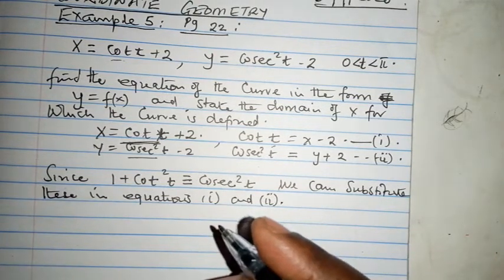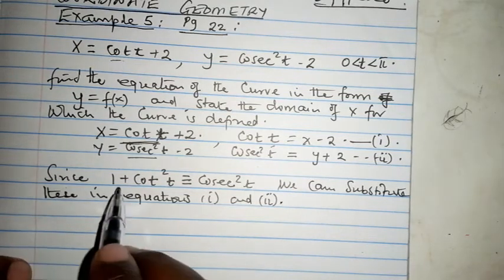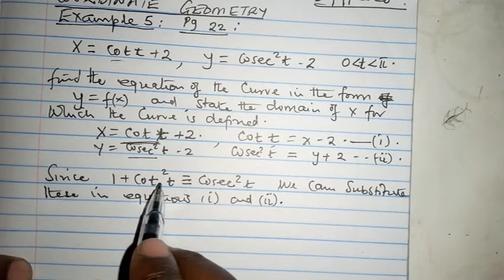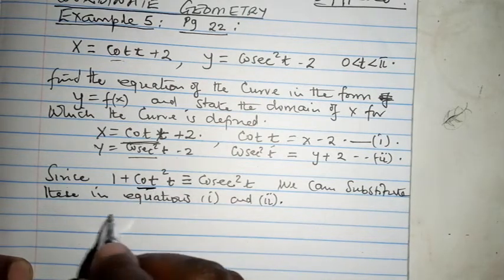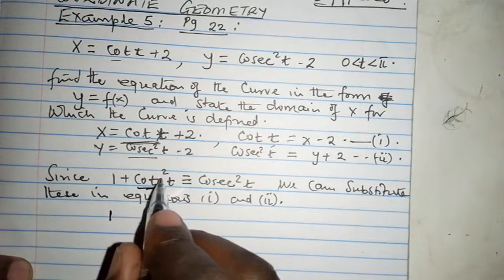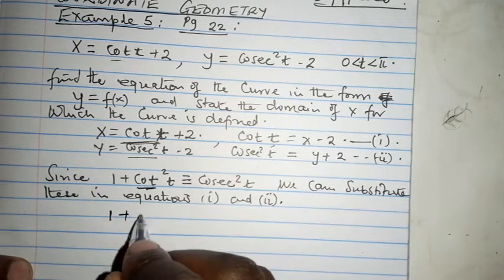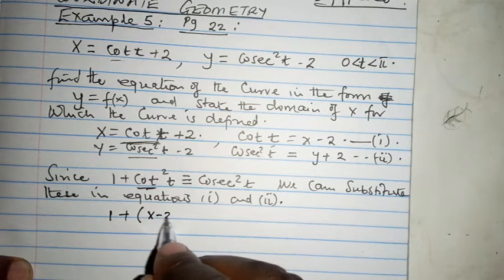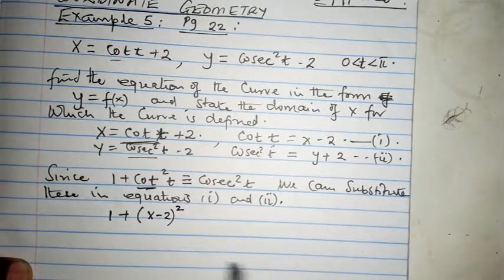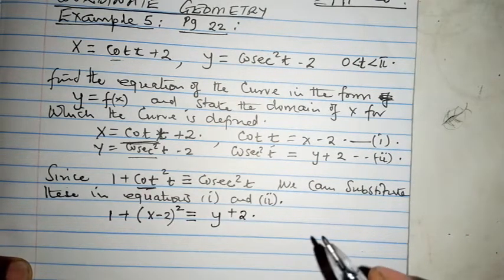And what do we have? 1 plus cot squared t, but cot t is x minus 2. So 1 plus (x minus 2) squared equals y plus 2.